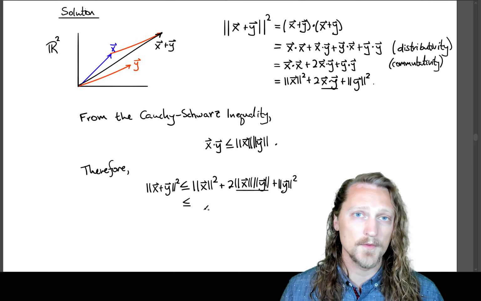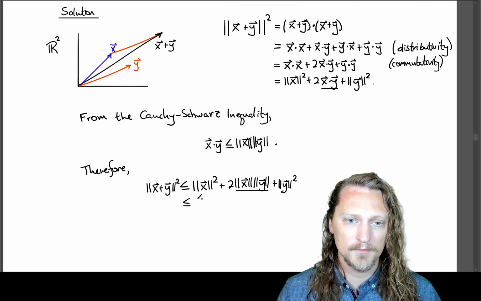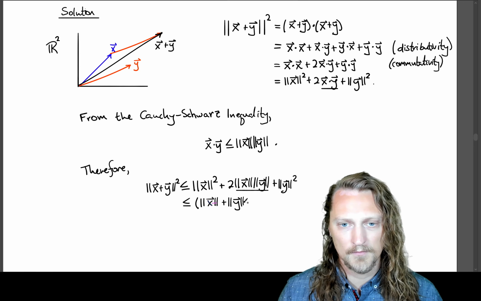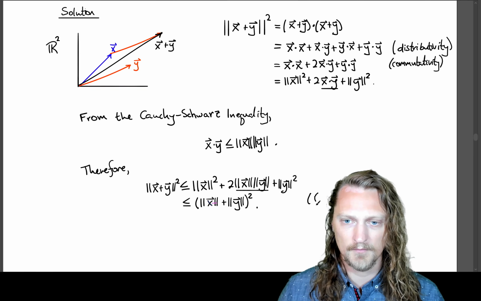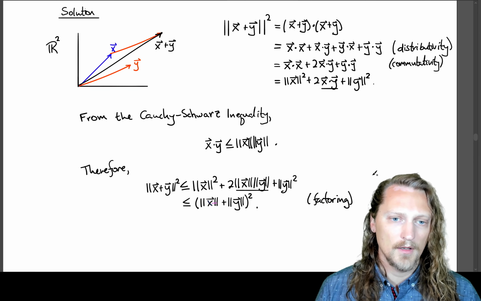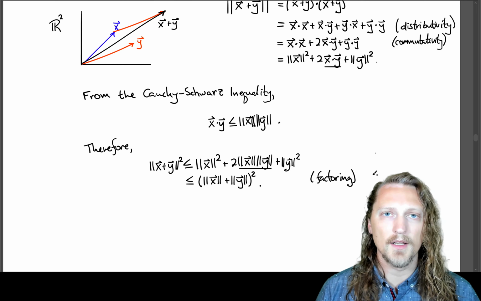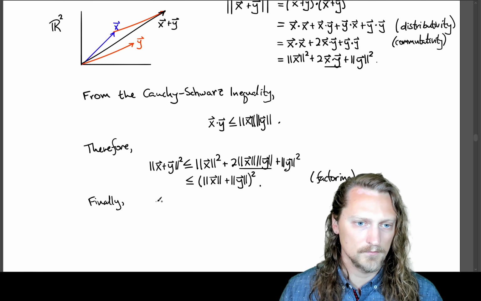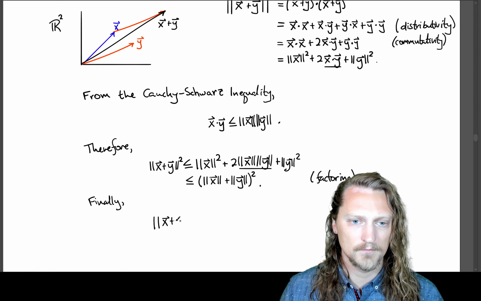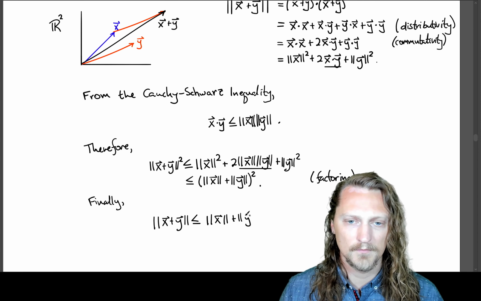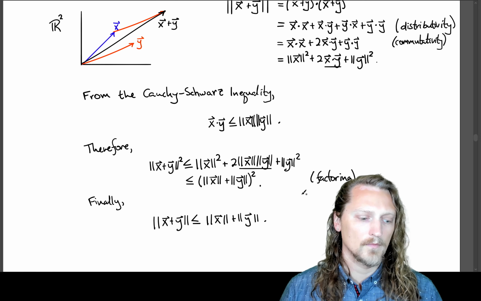All these norms result in scalars, so good. Finally, we can take the square root and we're done.